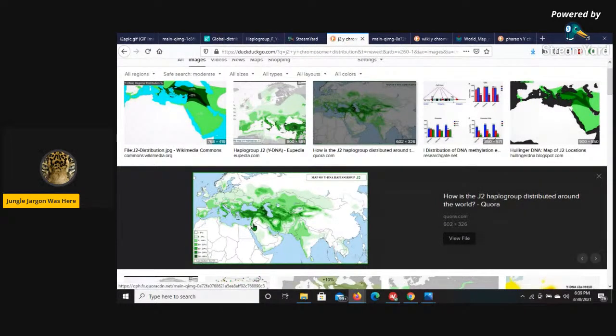Because when the Jews were kicked out of Israel, expelled, they were taken to this area of Turkey and Assyria. And of course, they're there to this day, apparently. According to this, the J2 is widely scattered all the way into China. Look how much J2 there is in China.